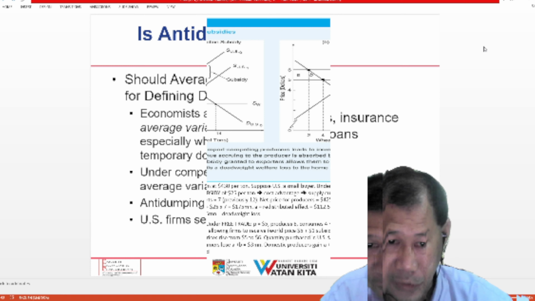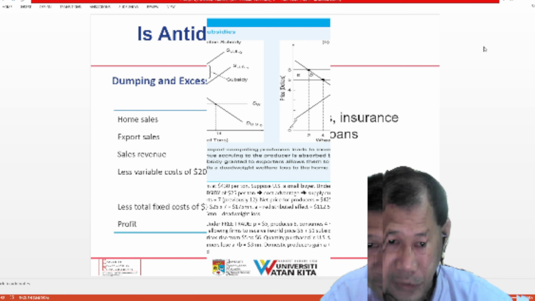Under competitive conditions, firms price goods at average variable cost. Anti-dumping laws punish competitive behavior. US firms selling at home are not subject to the same rule. So I'm not going to comment on this.